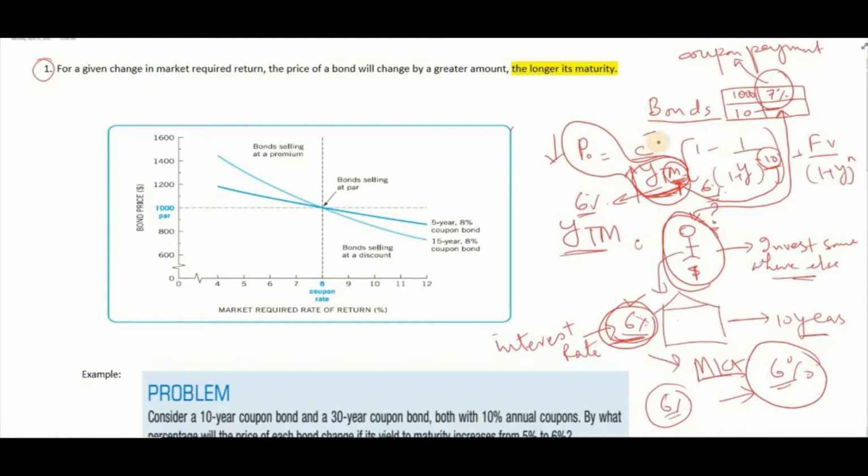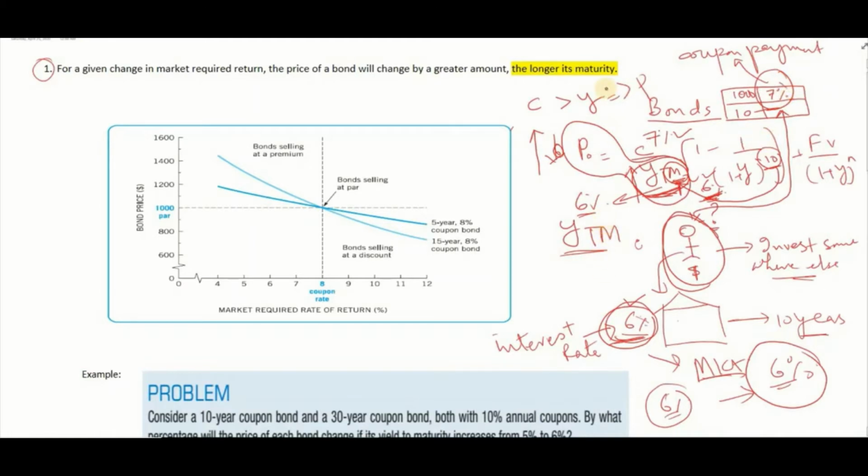Then here you are getting 7%, but the opportunity cost is 6%, meaning your benefits are larger than your cost. So you would be willing to pay more because you are getting more than what you could have gotten, or what you have lost, that is 6%, right? So in that case, if coupon rate is greater than yield to maturity, the bond should sell at a premium. Why? Because you are going to get more.